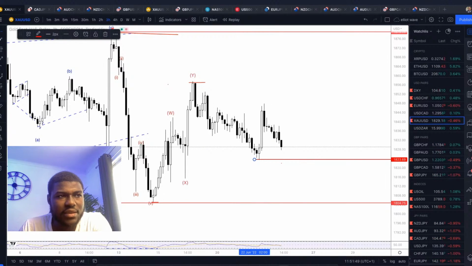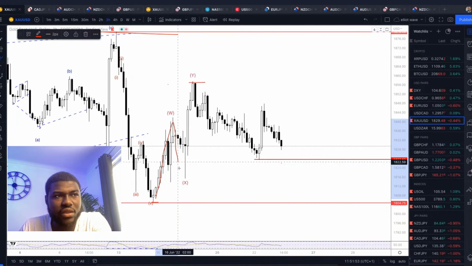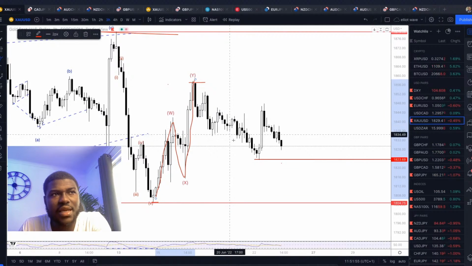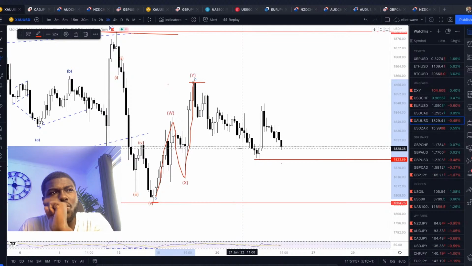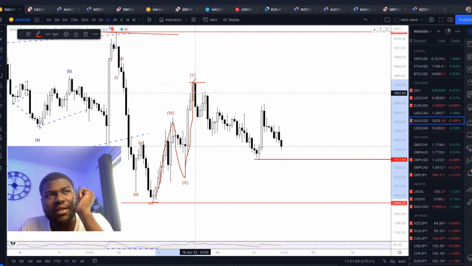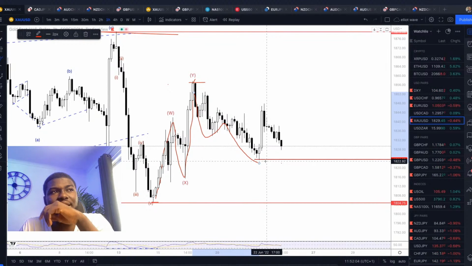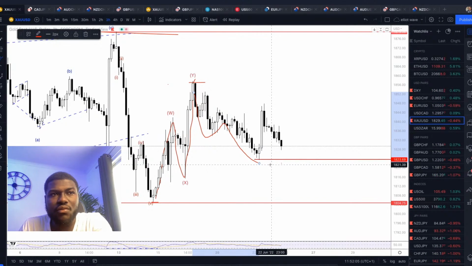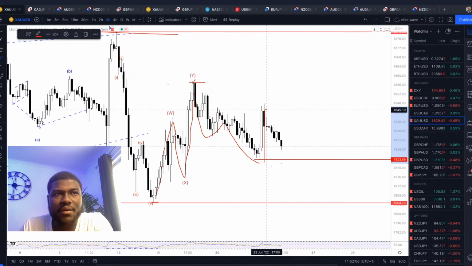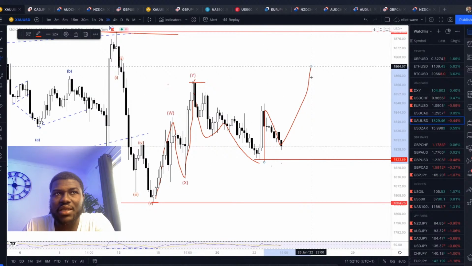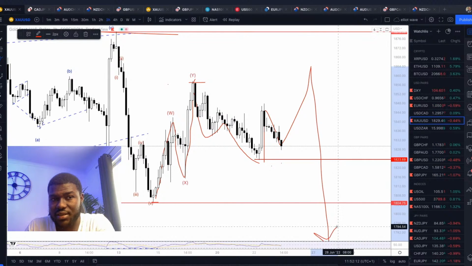The reason why I said that is I've analyzed that the whole of this is a correction zigzag to the upside. Then I'm now thinking, what if this is another correction to the downside? And there's going to be another move to the upside in terms of A, B, C before we now see that gigantic move to the downside.